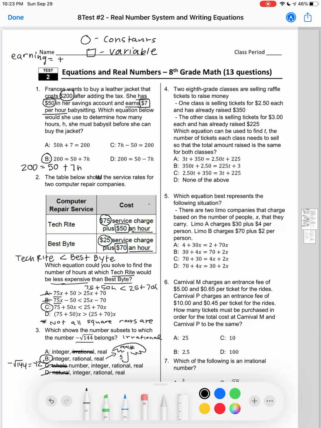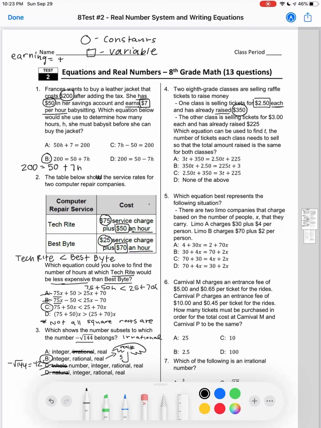So 2 8th grade classes are selling raffle tickets, one to raise money. One class is selling tickets for $250 each, and has already raised $350. So I'm going to pause and say $250. I see the word each, so that is going to be a variable, and they've already raised $350.